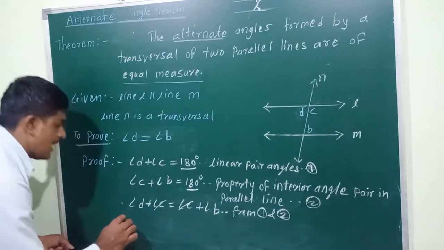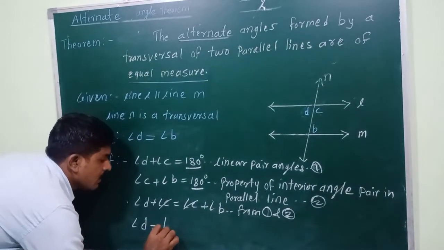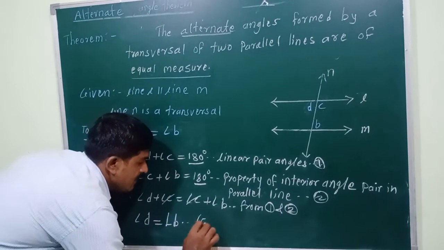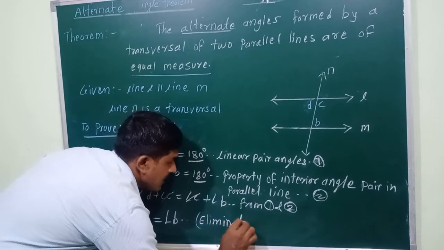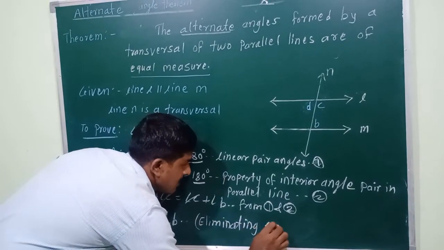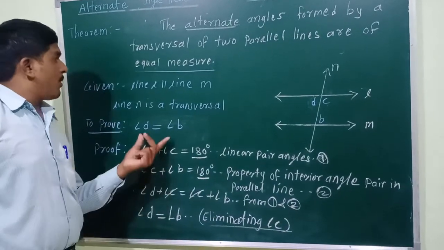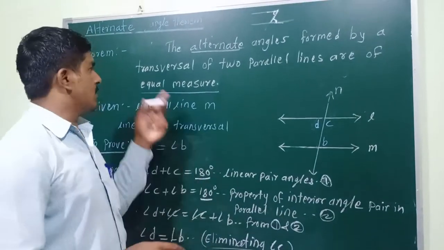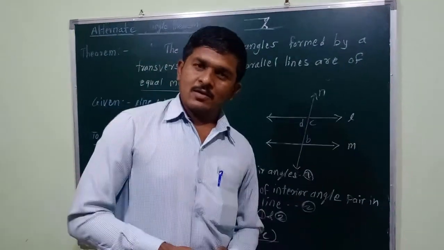Hence the remaining, angle D is equal to angle B, eliminating angle C. That is the proof of this theorem, which means the alternate angles formed by a transversal of two parallel lines are of equal measures. Thank you.